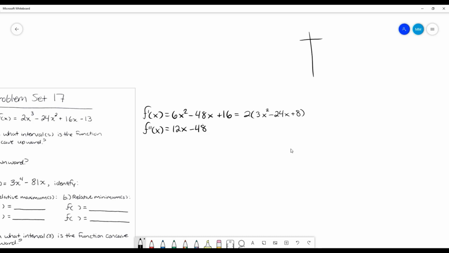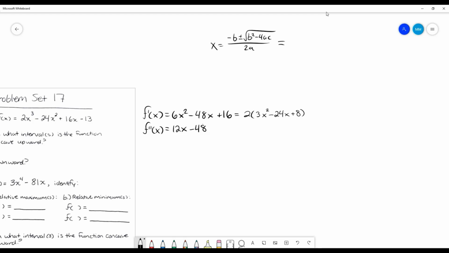Okay. So I've got negative 24 is my b, and a positive 24 is this. So I don't think we can factor that. So let's go ahead and use our quadratic formula. So x equals my negative b plus or minus this here over 2a.